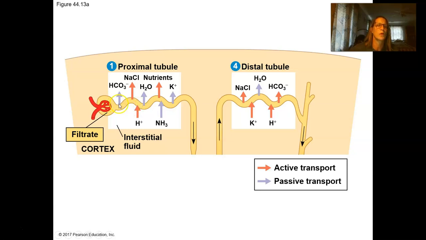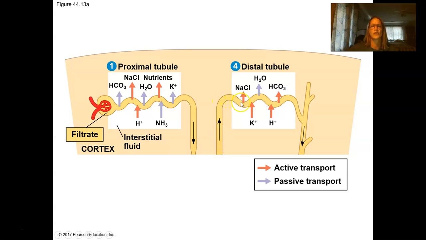The passive transport is this bicarbonate, water, and potassium into the capillaries that are surrounding the proximal tubule. And you have the passive transport of ammonia, which is a waste product that's going to be put into the tubule for excretion.